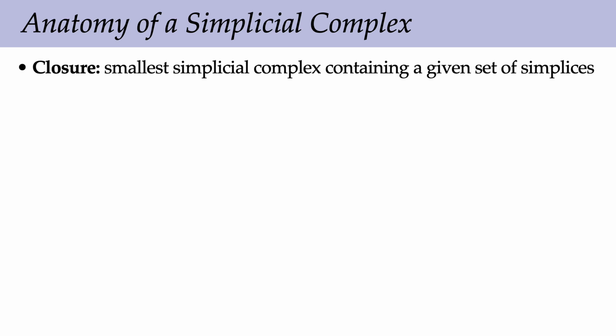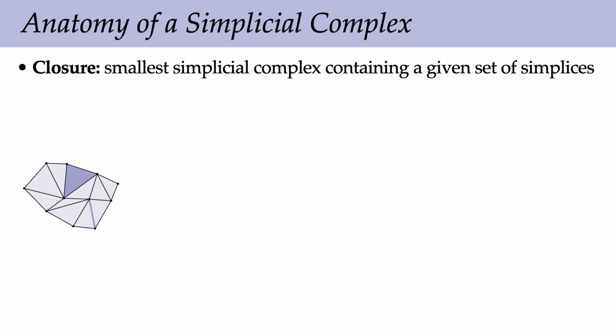If I have a set of simplices in my complex, I can look for the smallest simplicial complex containing that given set. Okay? Really simple example: let's say my set is just a single triangle, a single two-simplex, and a single edge. Right? The union of a triangle and an edge.